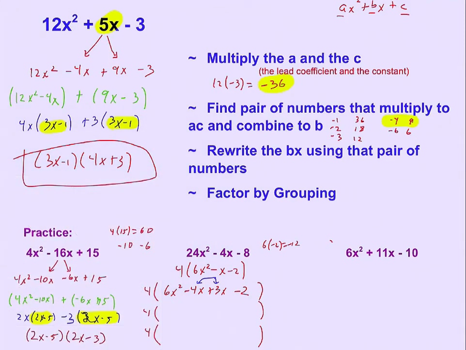And then we can factor by grouping. So I'll pull a 2x out of the first group. And if there's nothing to pull out of the second group, that's okay, because the second group is already 3x minus 2. And so I can undistribute that 3x minus 2.